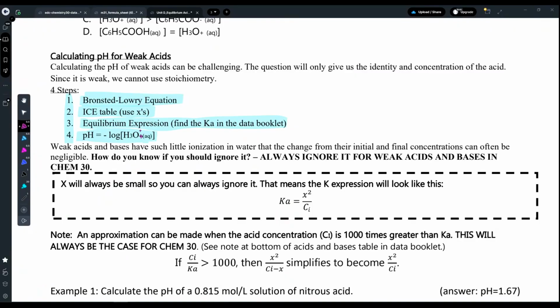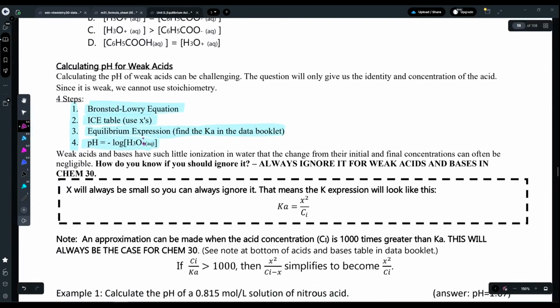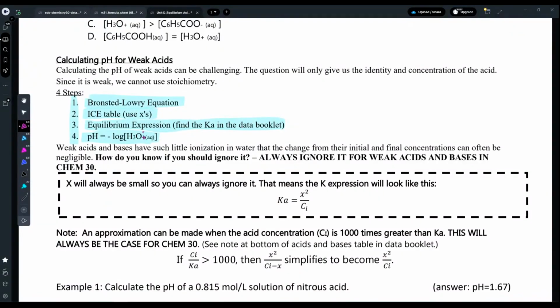So how do you know if you should ignore it? By it, I mean ignore the X that will show up in your ice table. So you're always going to ignore X for weak acids and bases when you're trying to determine pH of them.